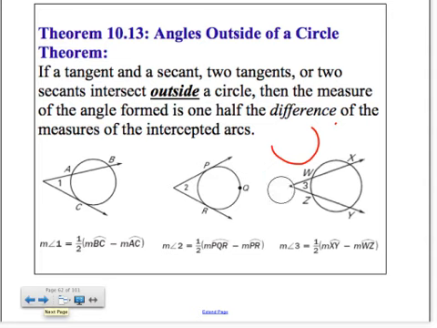You have the 3 diagrams below to show you the different cases you could have. But long story short, if you want the measure of an angle outside of a circle, you take 1/2 of the difference of the intercepted arcs. So BC and AC in this case, PQR and PR in this case, and over here, XY and WZ. So angle outside, 1/2 of the difference. Angle inside, 1/2 of the sum.